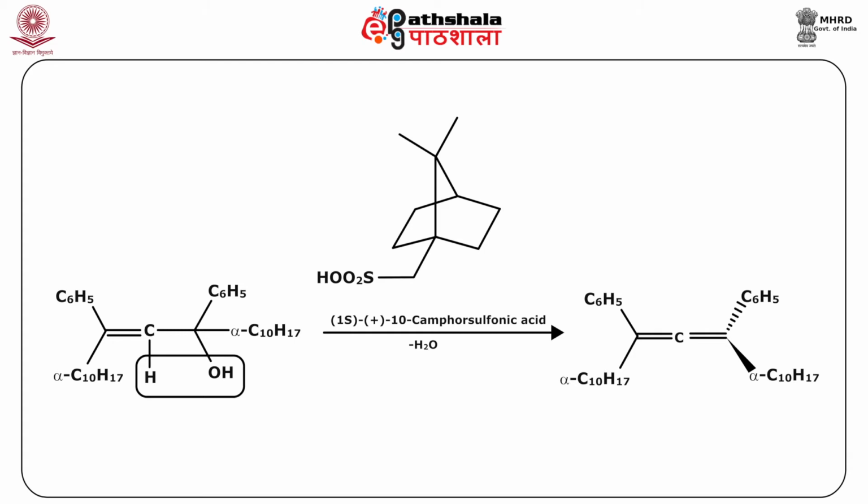Here plus and minus refer to the rotations observed in the polarimeter. With minus camphor-10-sulfonic acid, the allene was obtained as racemic, while with the plus sulfonic acid, a slight enantiomeric excess, that is 3%, was obtained. This is shown here clearly in this figure, in the synthesis of optically active allenes.